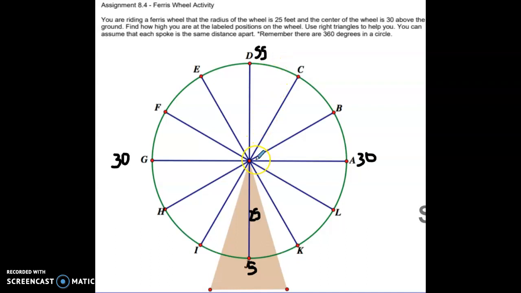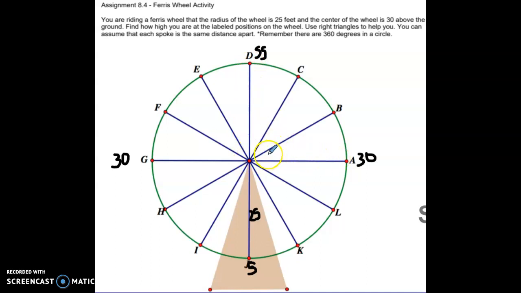Okay, now let's get on with the challenging ones. So remember that there are 360 degrees in this circle. So what we need to do is find out how big these central angles right here are. Well, if you notice, there's 1, 2, 3 in a 90-degree angle.